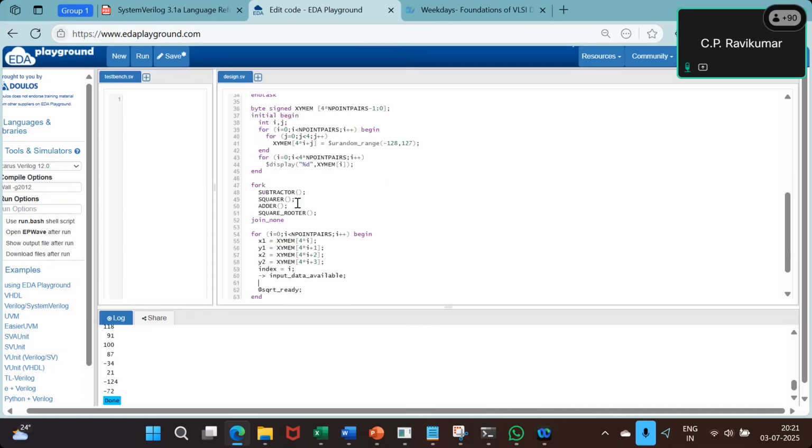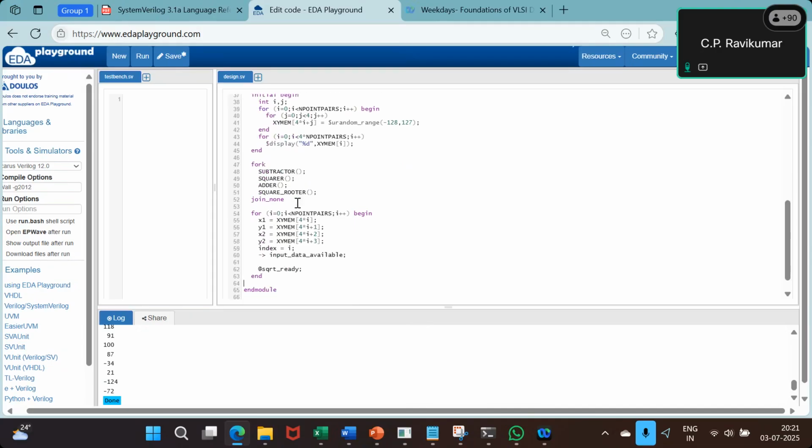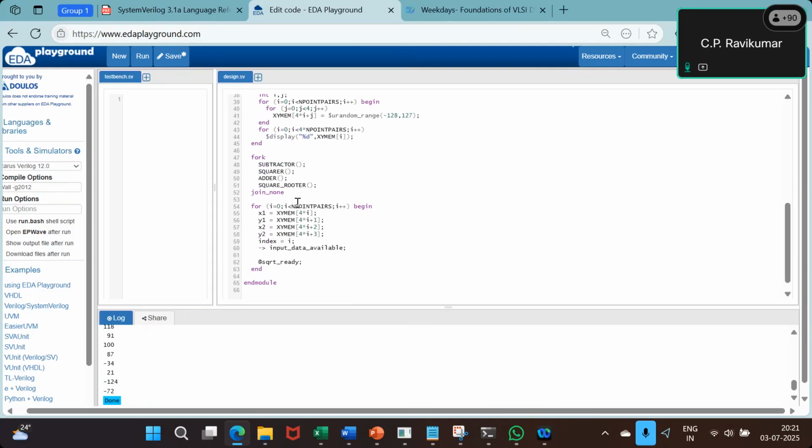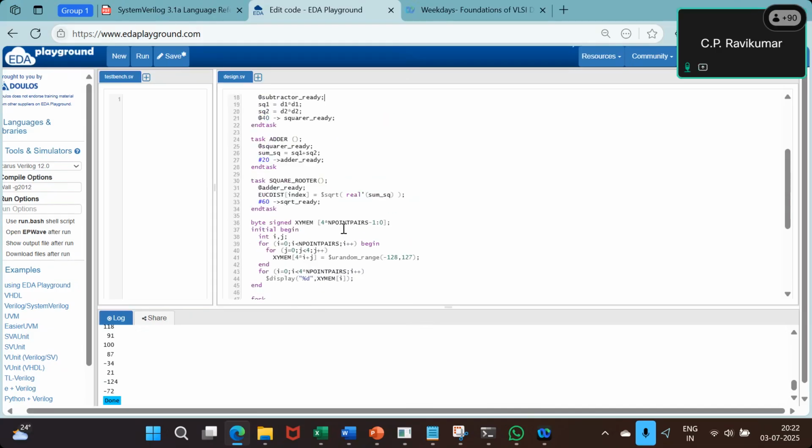So let them all go in parallel, and this will also continue in parallel. So 5 processes will run at the same time: this subtractor, squarer, adder, square rooter, and this initial block. I'm hoping that this is correct. Does it make sense?